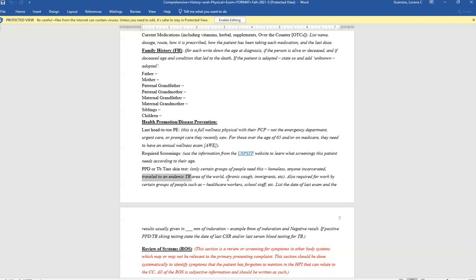Anyone perhaps with a chronic cough, immigrants are another group, okay, as well as certain people who work in certain areas, healthcare workers, you guys had to have one. School staff, sometimes daycare centers will require them, okay? So you kind of just want to ask.